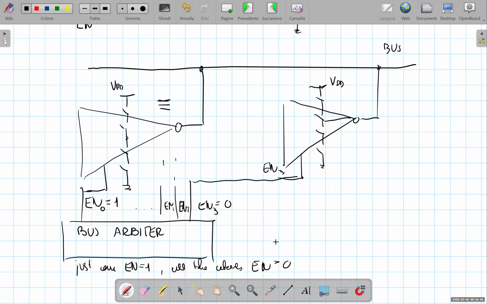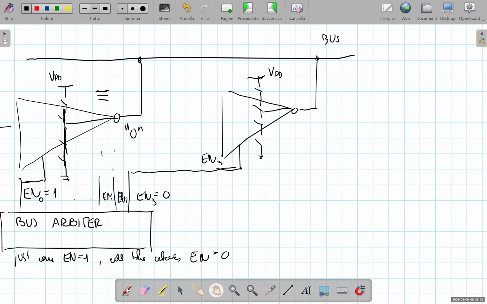If we make sure that this additional network that increases the complexity of the system provides just one enable signal for all the different gates active at the same time, we have that just one of these gates is physically connected to the bus, to the shared interconnect. So basically its output will be either low or high depending on the logical function that is performed.